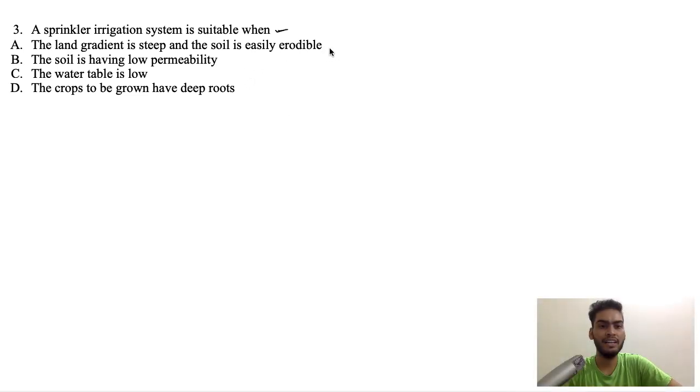So the options are: the land gradient is steep and the soil is easily erodible, the soil is having low permeability, the water table is low, the crops to be grown have deep roots.